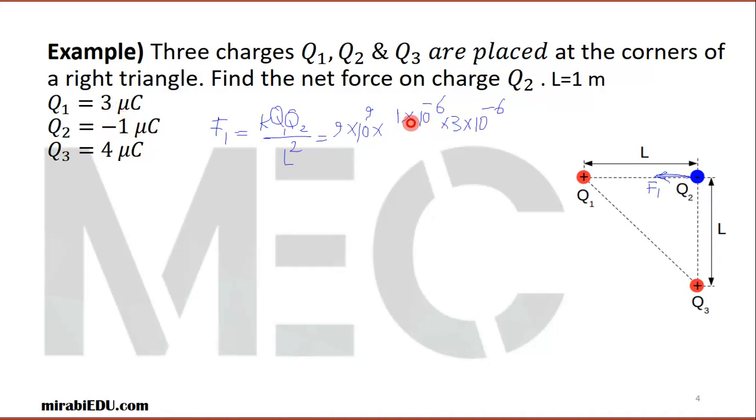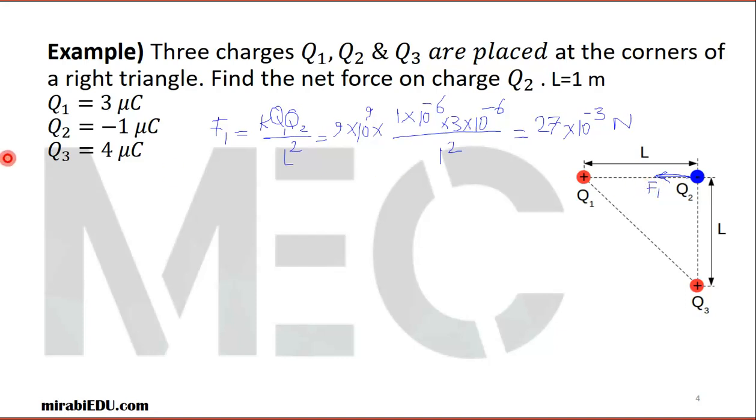So 3 times 10 to the negative 12 will be the numerator, and in the denominator we have 1, and therefore it can be written as 27 times 10 to the negative 3 Newton. So 10 to the negative 12 times 10 to the 9 will be 10 to the negative 3, and then 9 times 3 will be 27. So the magnitude of F1 is 27 millinewton. It's an attractive force like this.